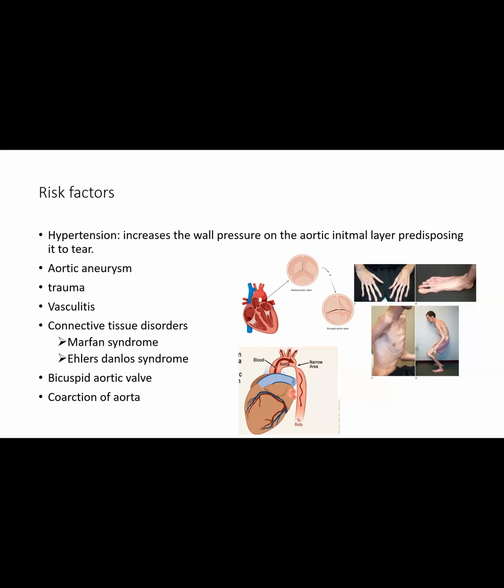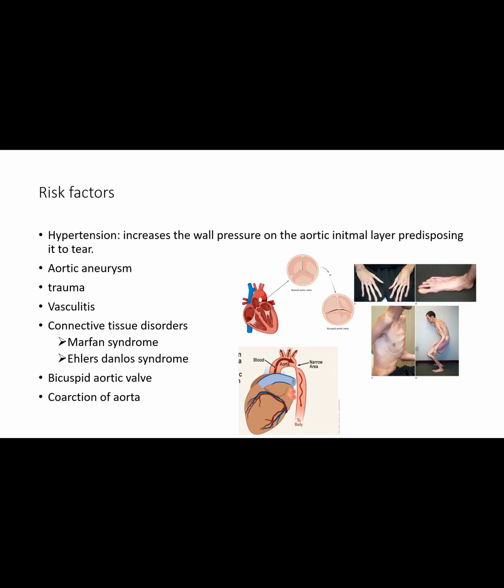Another cause of aortic dissection is aortic aneurysm, which is a big topic we will explain later. In an aortic aneurysm there's an increased aortic diameter, which is associated with elevated wall stress on the aortic intimal layer, and this again predisposes it to dissection.